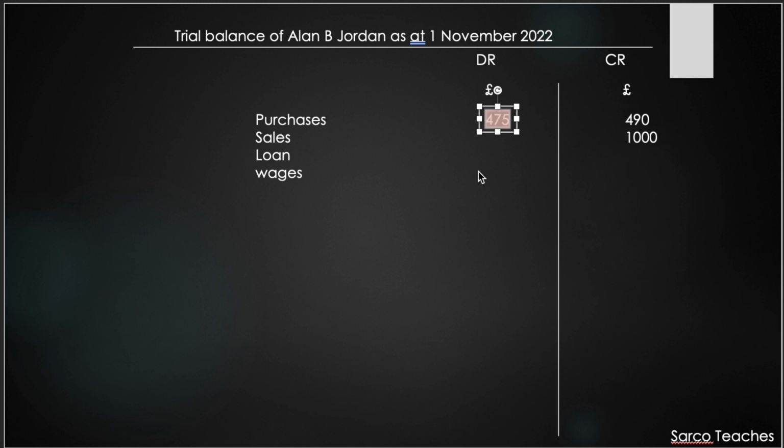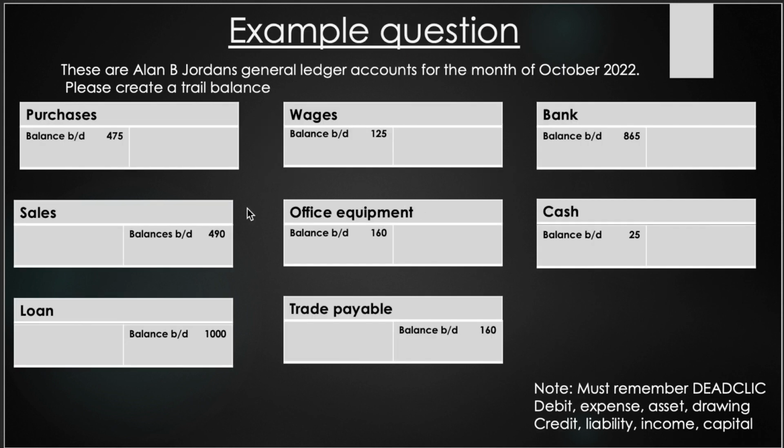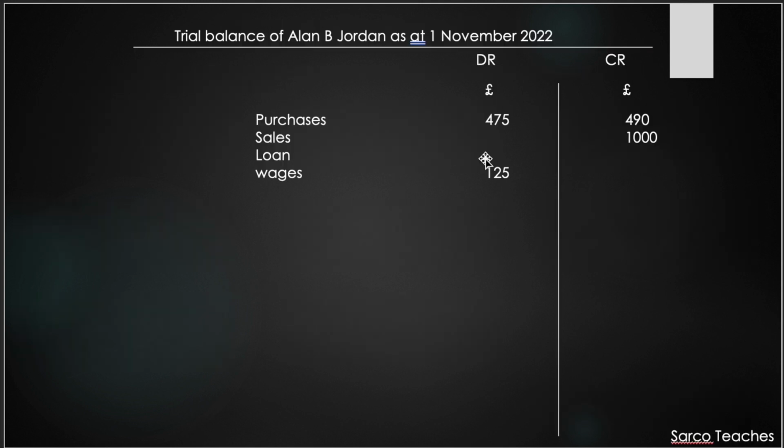So we go back on our trial balance, write wages, and put the value of 125 on the debit side. We do the same for office equipment. Office equipment is an asset. DEAD CLICK tells us that assets go on the debit side. So we go on our trial balance, we write office equipment with the value of 160 on the debit side.